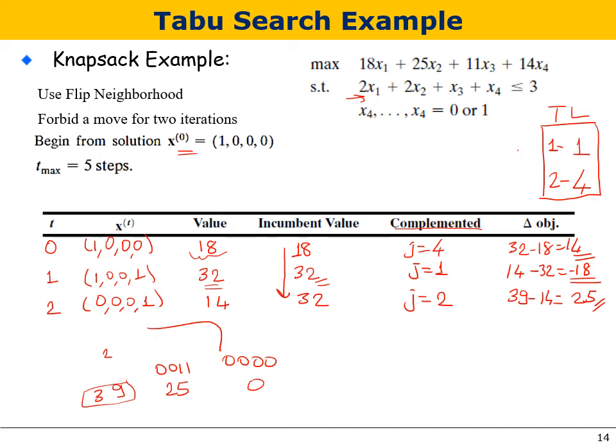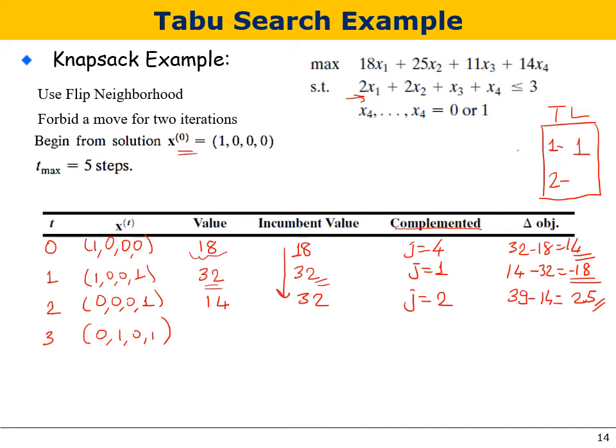Okay, now the next step. So how many steps did we go until now? From 0 to 1, we make one step. From 1 to 2, we make a second step. And from 2, from this solution to the new one, we made another step. And our new solution is this one. So let's update our taboo list. So what happens to this 4?